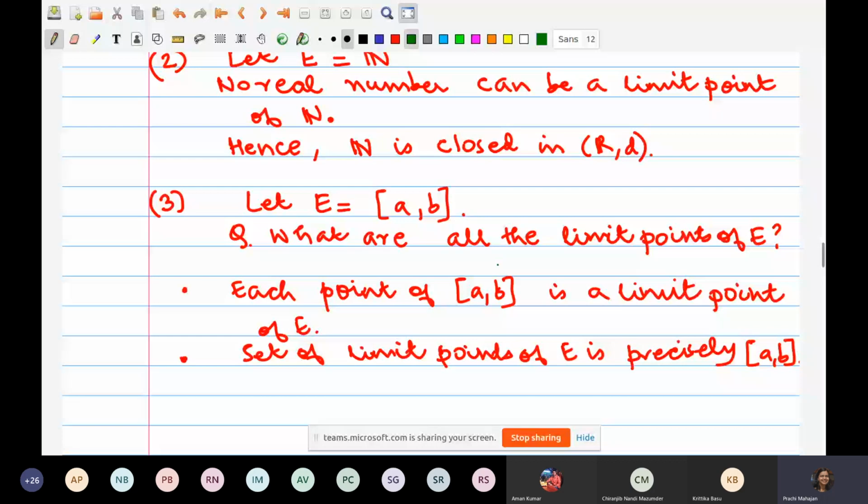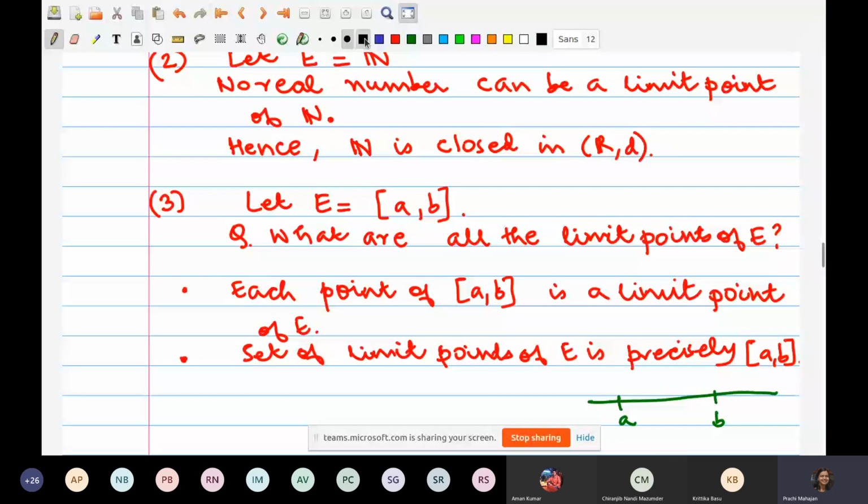So what am I trying to say here? Let's say A is here and B is here, right? The first point is that each point of the interval AB is a limit point of this set. We saw this last time. Now the second claim is no other real number can be a limit point of this. So suppose I pick this point.